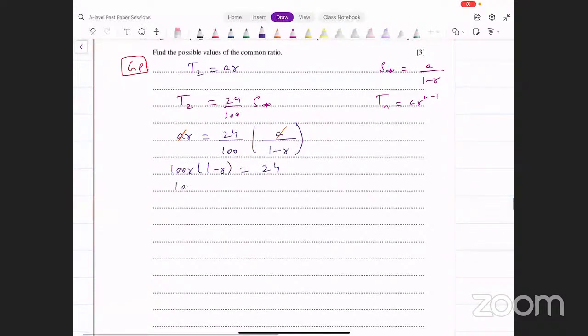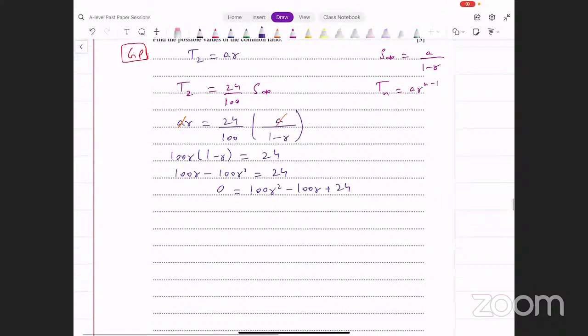Now simplify this. 100R minus 100R square, that equals 24, and that gives us 100R square minus 100R plus 24 equals 0. We can simplify this. 2 से कर सकते हैं, 4 से कर सकते हैं. So we have 25R square minus 25R plus 6 equals 0.